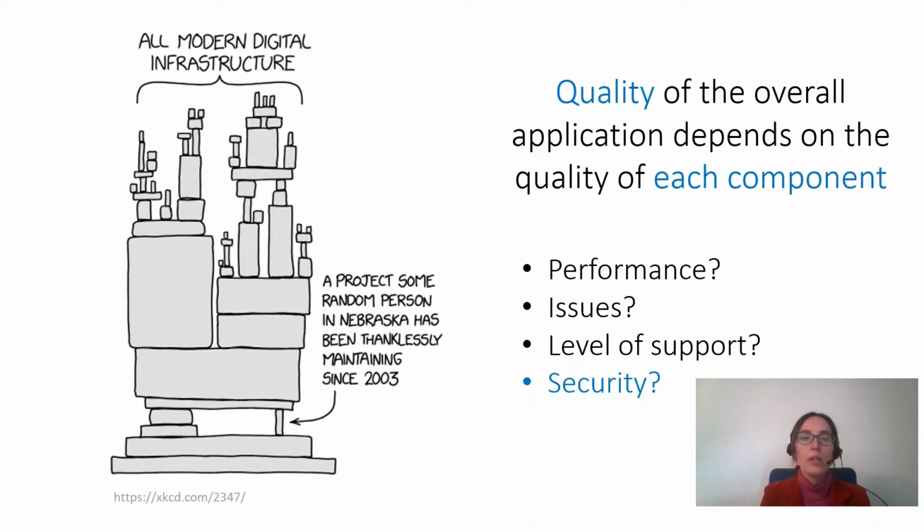In fact, the quality of the overall application depends on the quality of each component. And if everything is handled transparently, then there are no guarantees that each component will meet the expectation in terms of maintenance, performance, bug fixing, and also security, which is our focus.